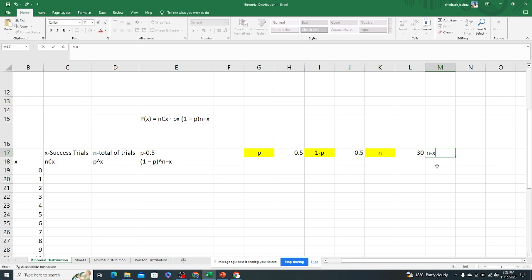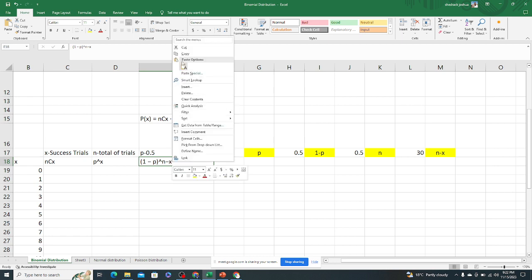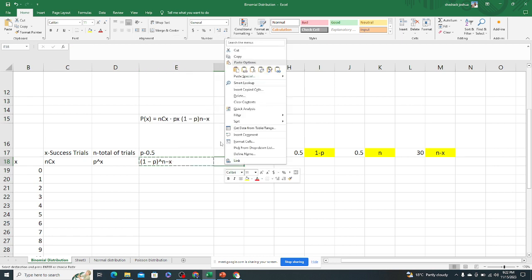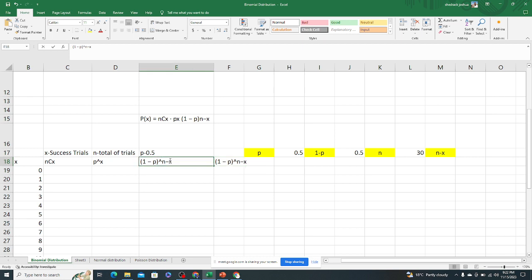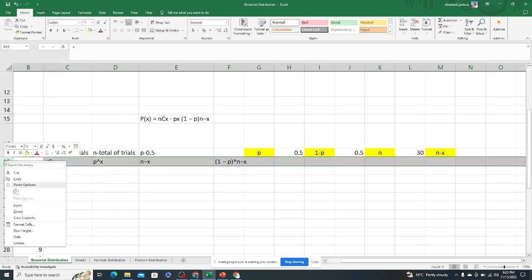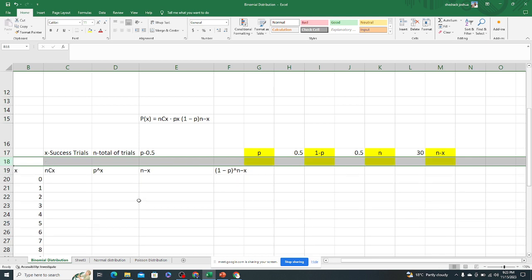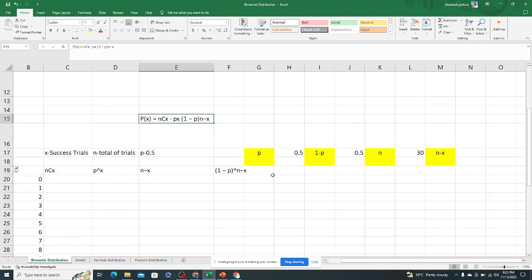For n minus x, we will have to calculate this as a column, because x is varying. So this is the mathematical way of calculating binomial distribution or binomial probabilities.